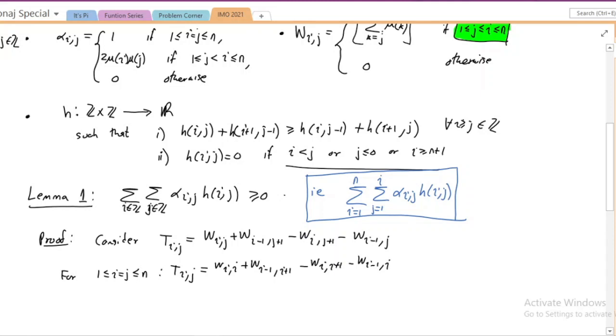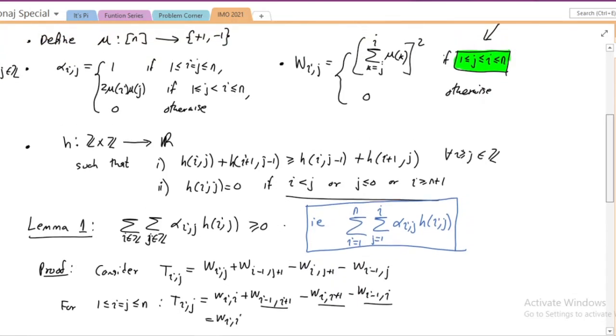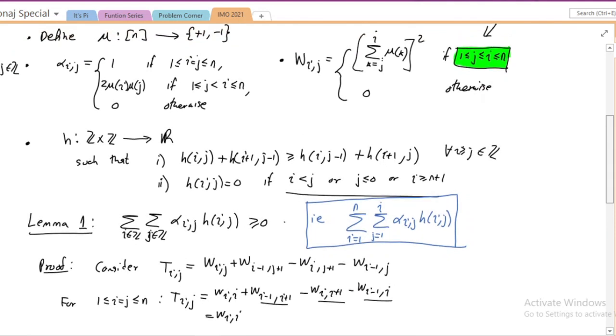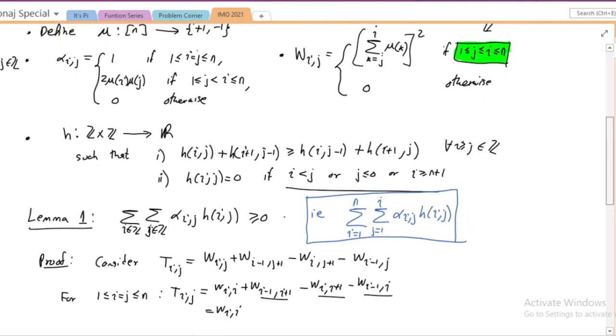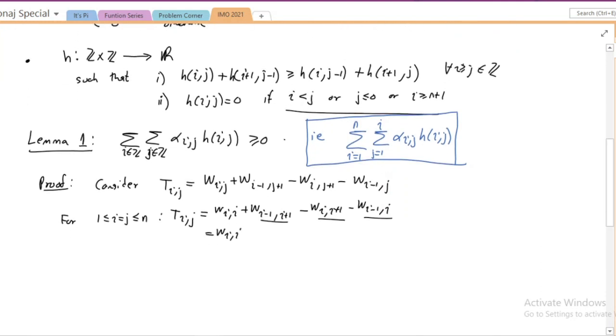We need i to be greater than or equal to j for W_ij, otherwise it will be 0 by definition. So most of these terms are actually 0 based on that inequality, and I'll just get W_ii. And for W_ii, looking at the definition once more, we sum over all the k from j to i, so that will be just from i to itself. So we just have mu_i squared. And mu is plus or minus 1, and if you square this we just get 1.